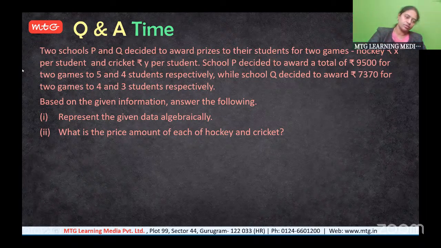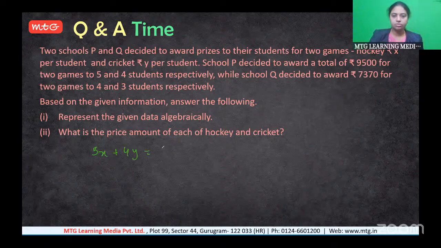So your equations were like this. 5x plus 4y equals 9500. And 4x plus 3y equals 7370.